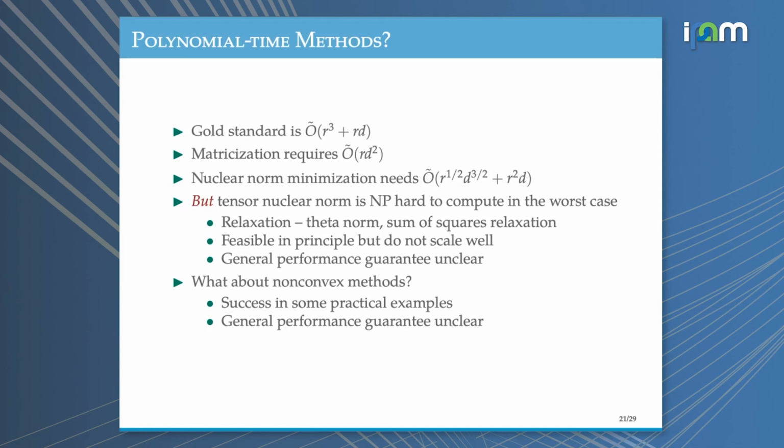But the main challenge is that even if you do a relaxation, you end up with a polynomial time computable method. They are more polynomial computable in theory than in practice, because in practice, it all boils down to solving a gigantic semi-definite program. And that's not very practical.